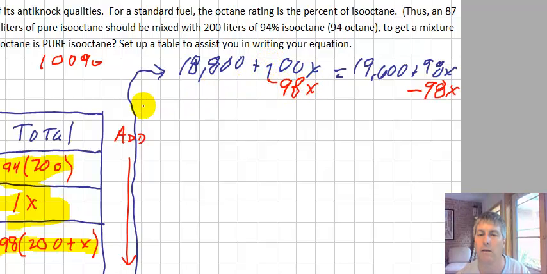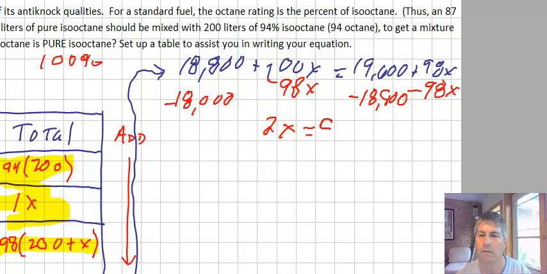That's going to be easy. And subtract the 18,800 from both sides. And I get 2x equals, conveniently, 800. Divide by 2. X equals 400.